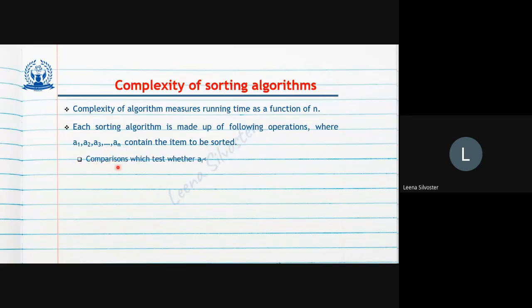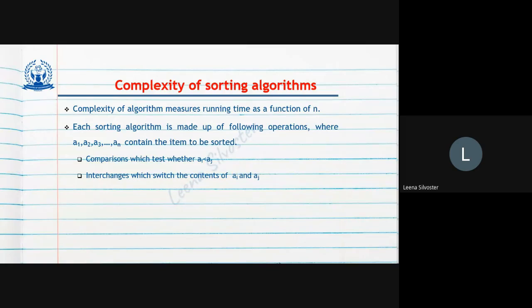First operation is comparison. In each and every sorting algorithm, we use some comparisons which test whether A of I is less than A of J. The next operation is interchange, or exchange, which switches the contents of AI and AJ.